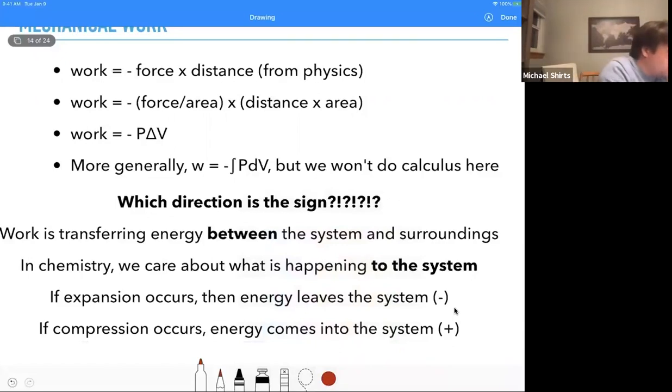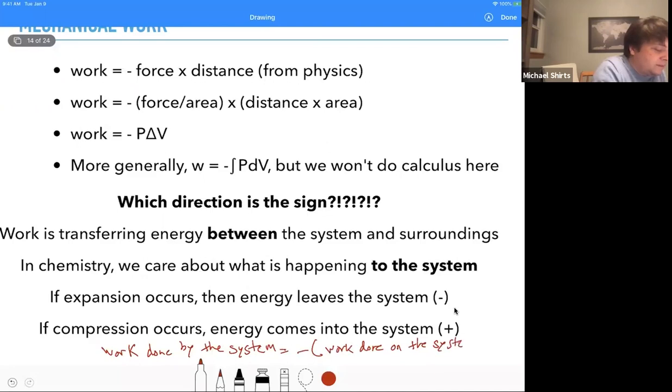So the work done by the system must be minus the work done on the system.